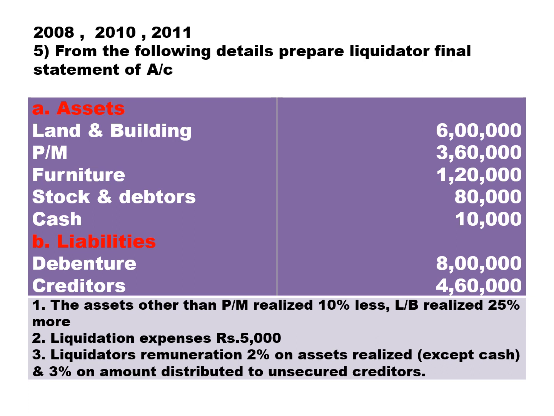Also calculate remuneration on the amount paid to unsecured creditors at 3%. So the liquidator remuneration is calculated at 2% on assets sold, leaving cash, and 3% on the amount paid to unsecured creditors.